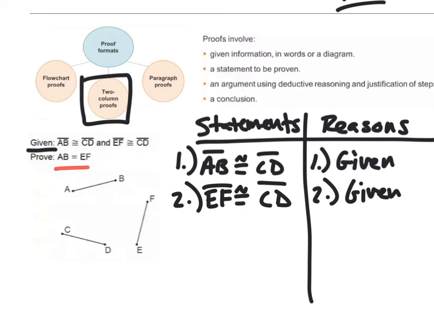Now, here's where this gets a little weird. Here's what I know. Here's what we got. AB is congruent to CD.